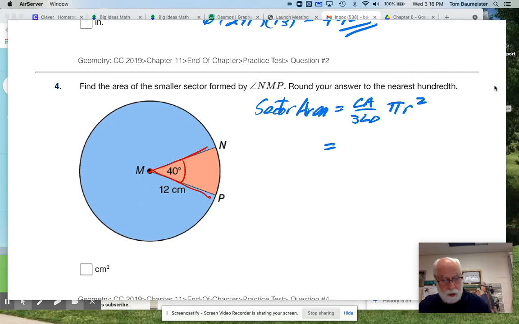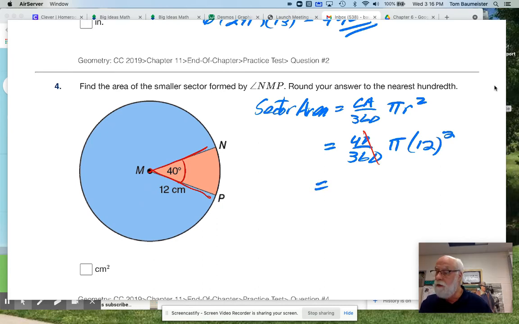All right, if we work that out, we got 40 over 360. Right away, I'm hoping they're saying, hey, there's matching zeros there. Okay, and then we have pi times our radius is 12 squared.